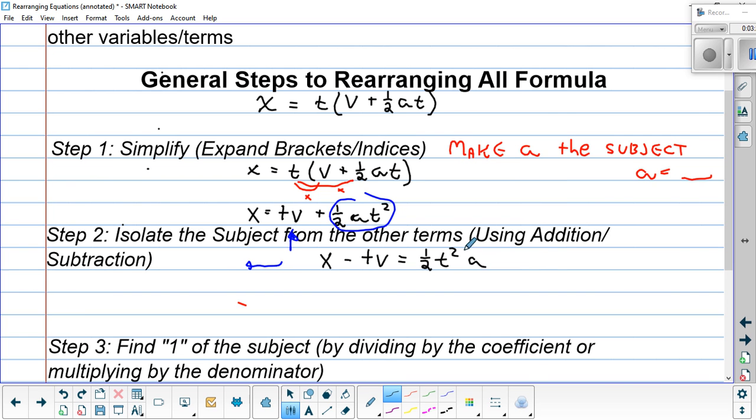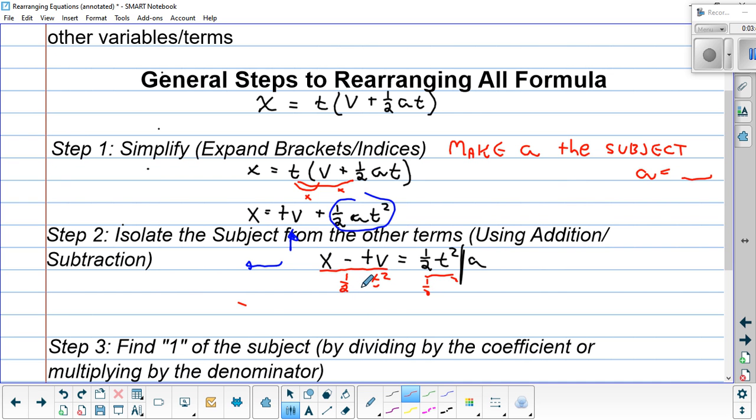That means this next step, we want to keep everything left of that line. So to find one of that, we'd want to just divide by this 1/2 at squared. What that ends up doing over here is we divide by our 1/2 at squared. Or sorry, not a.